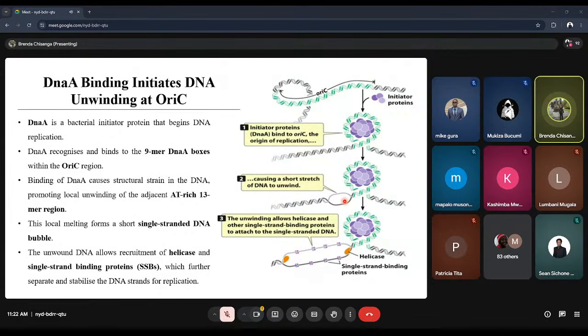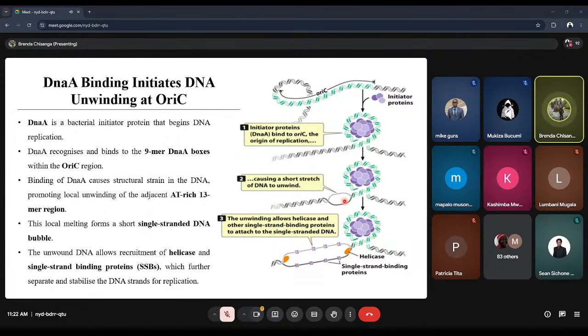The 9-mer region is just there for recognition of the oriC, while the 13-mer is the region where DNA must unwind. The 9-mer is just a region at the oriC that is responsible for recognition of this site, to say DNA replication must start here.